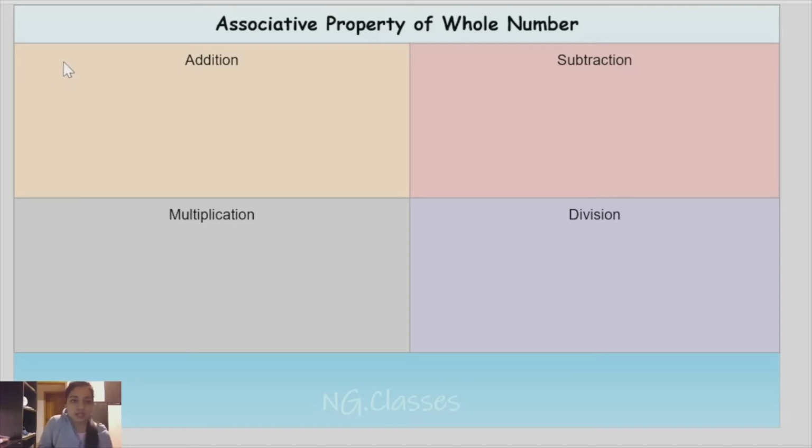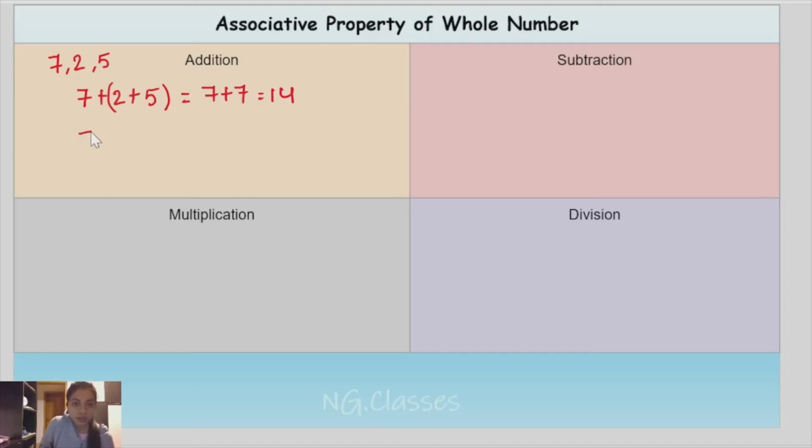Let's take any three whole number. Suppose I am taking 7, 2, 5. Now I want to add these 3. So 7 plus 2 plus 5. Suppose I want to give a bracket in front of 2 and keep this 2 and 5 together. What will happen? According to BODMAS, if we solve it, we will get 7 plus 7, that means 14, right?